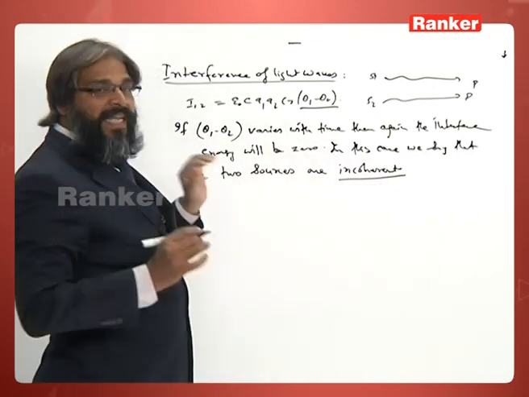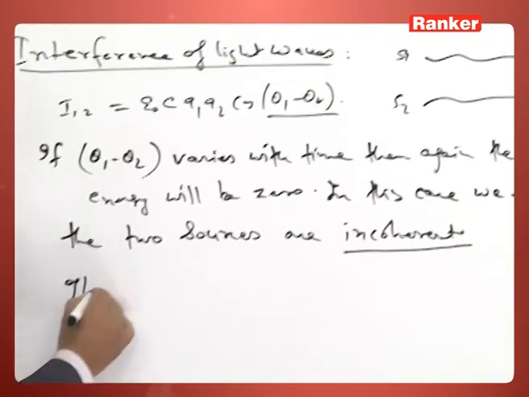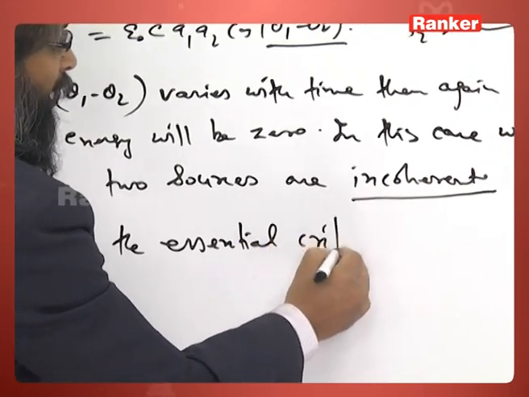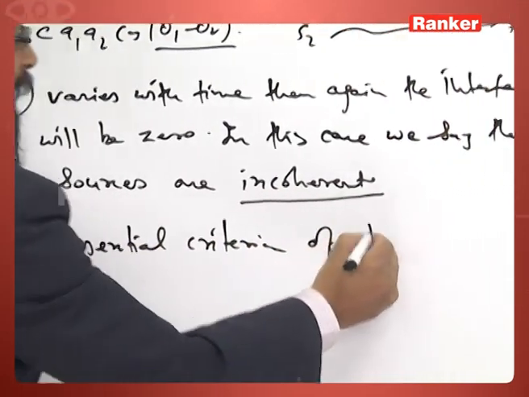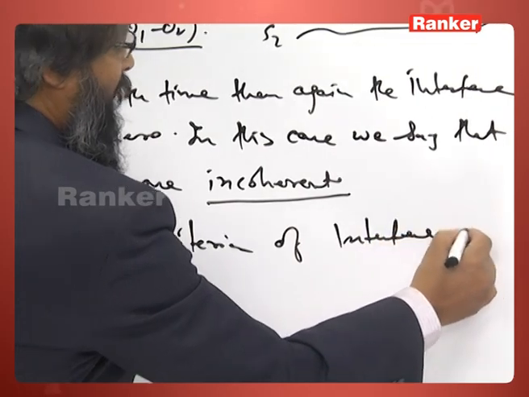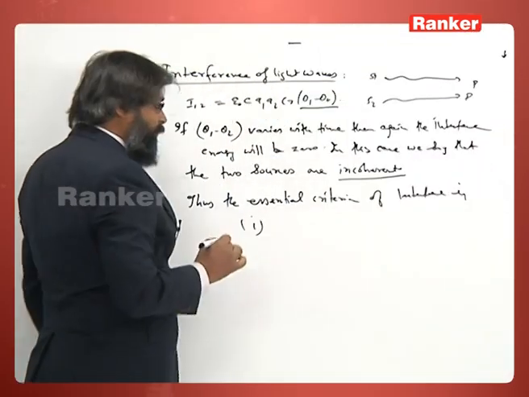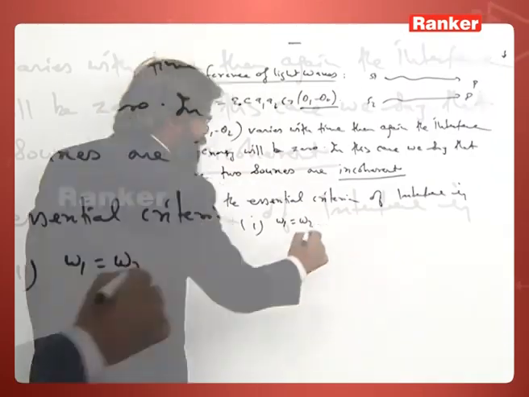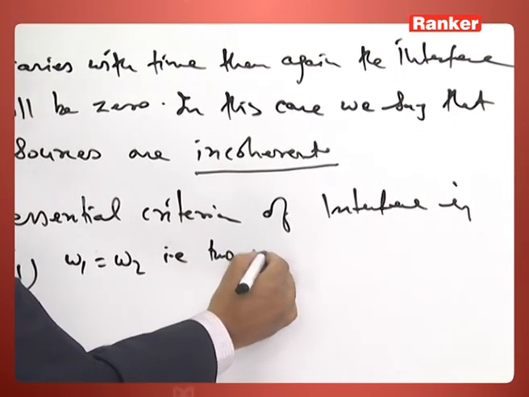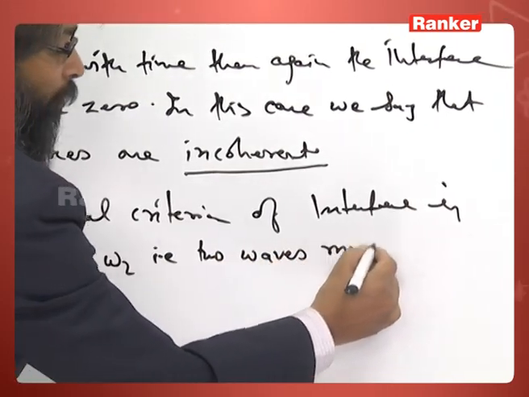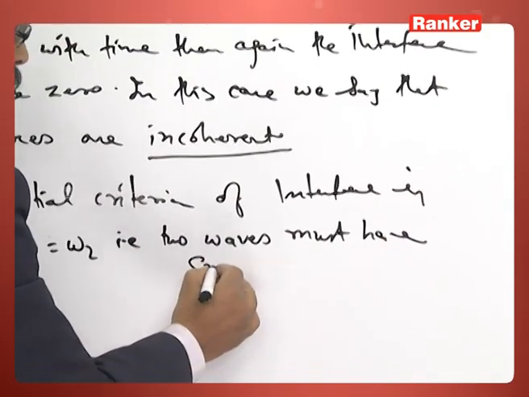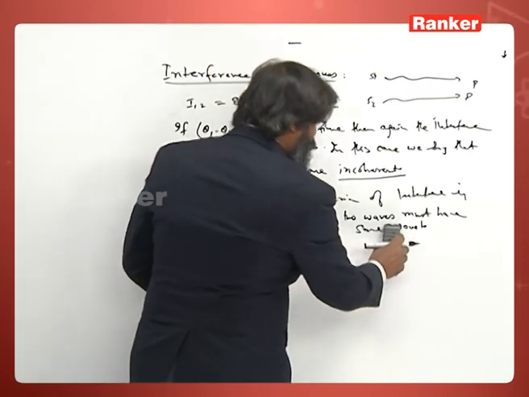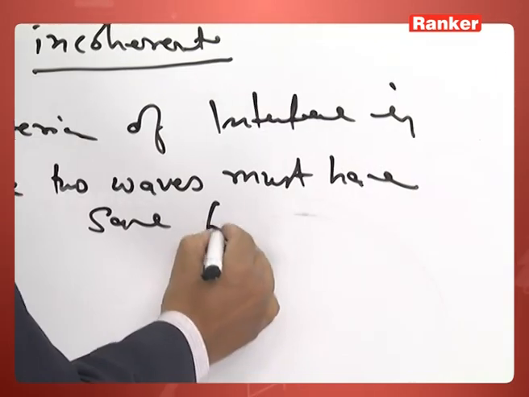So there is one technical term introduced, incoherent sources. So the essential criteria of interference is, one, omega 1 must be equal to omega 2, i.e. the two waves must have the same wavelength or frequency. Better to use the word frequency.